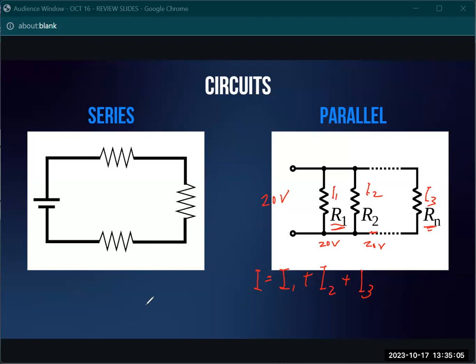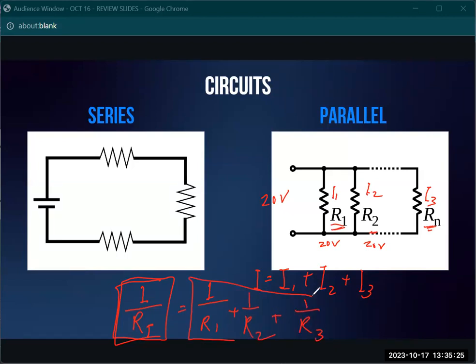Pero sa resistors, medyo iba yung case. Para makuha mo yung total, the reciprocal of the total resistance is equal to the reciprocal of the first, plus the reciprocal of the second, and the third. Sige, bigay tayo example.